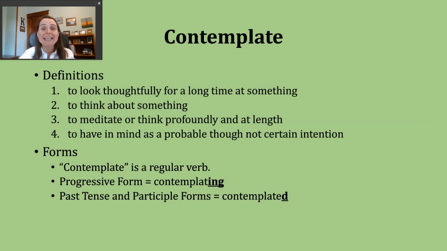So when I add the ed ending, I'm also going to add an extra syllable to this verb. So the way the past tense and participle forms of our verb tend to be pronounced is contemplated, contemplated. Hope you can hear that ending tid as the last syllable there.